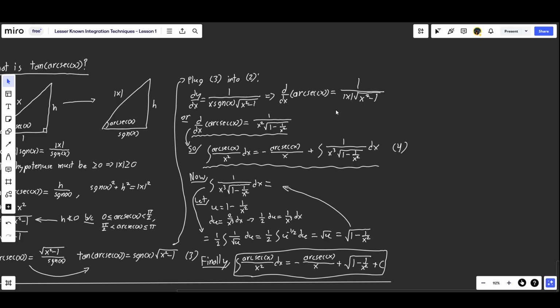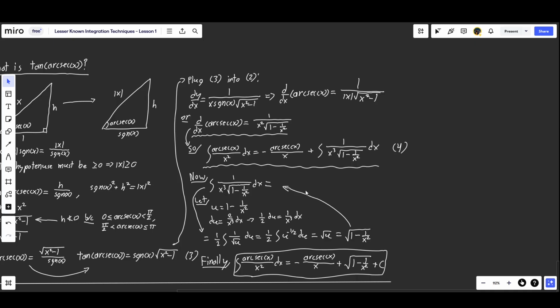Now, the square root of x squared is the definition of the absolute value of x, so that will leave us with the absolute value of x squared, which is just x squared. So this will give us the derivative of y with respect to x, and y is equal to arcsecant of x, so we can plug that in, is equal to 1 over x squared times the square root of 1 minus 1 over x squared.